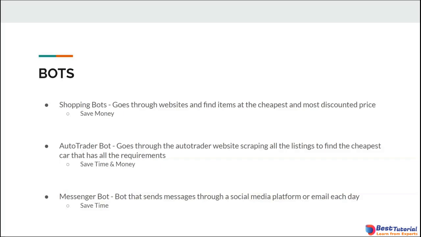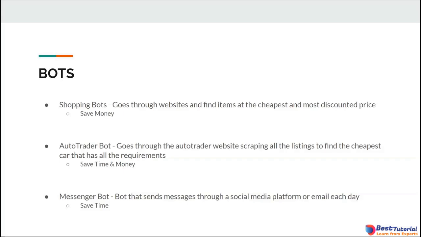So the other bots that you can potentially make, number 1, you could create a shopping bot. We actually did this before, where you have a bot that goes through a website and finds items at the cheapest and most discounted price. And the reason why someone might pay for this is because it can save them a lot of money.